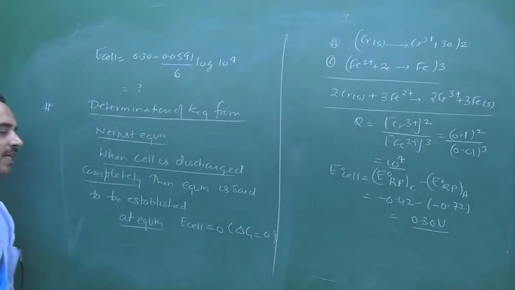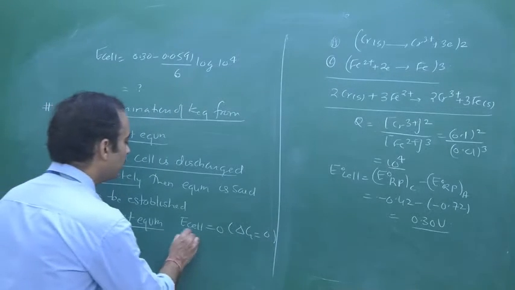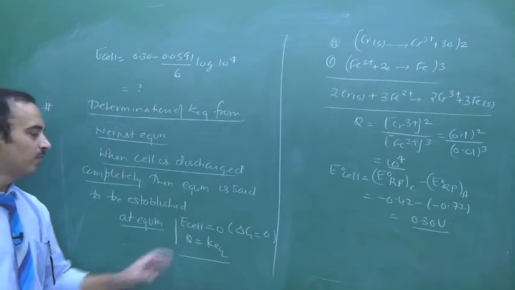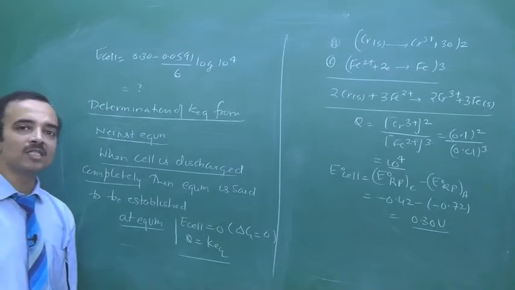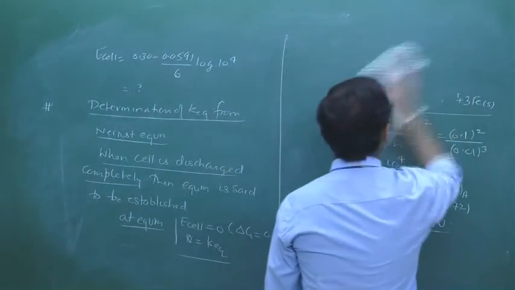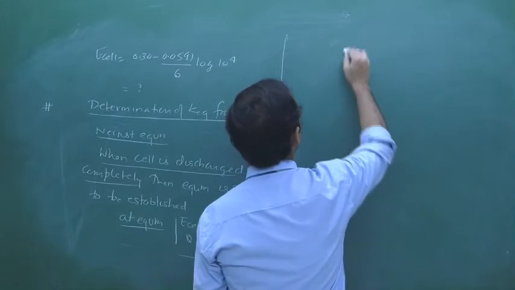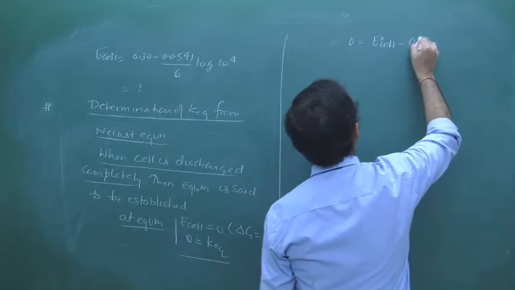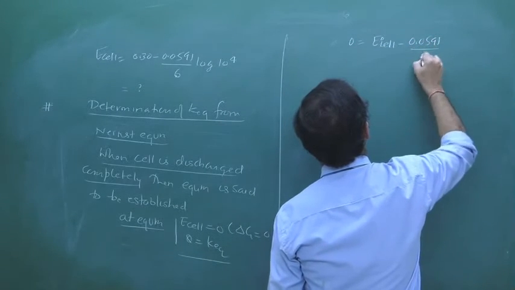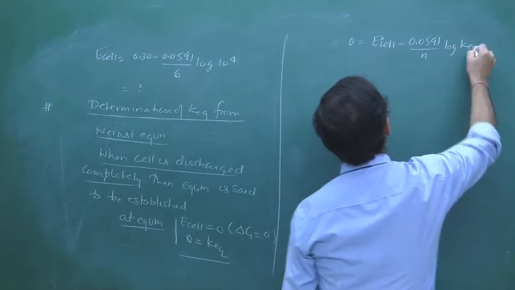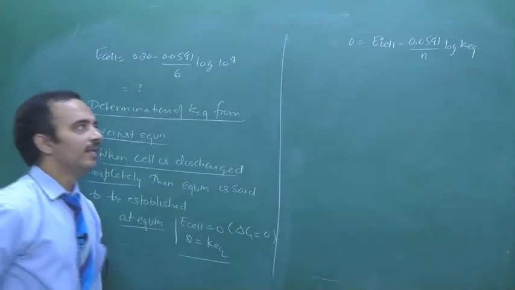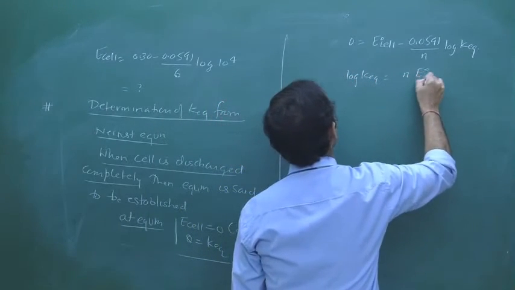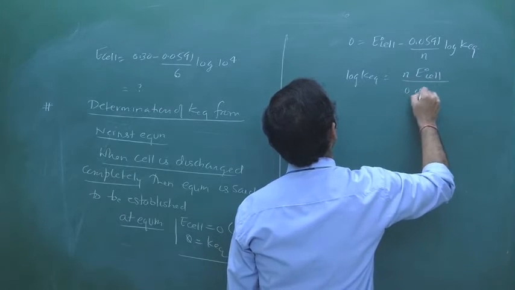At equilibrium, E cell or delta G is 0, and Q is equal to K. When we put this in the Nernst equation, we will get 0 equals E naught cell minus 0.0591 upon n log K. From this, can we say log K equals n into E naught cell upon 0.0591.